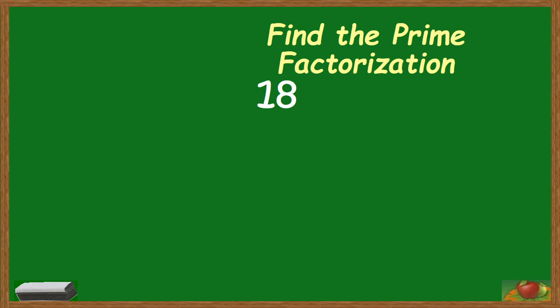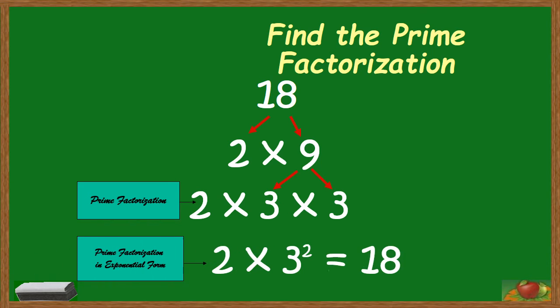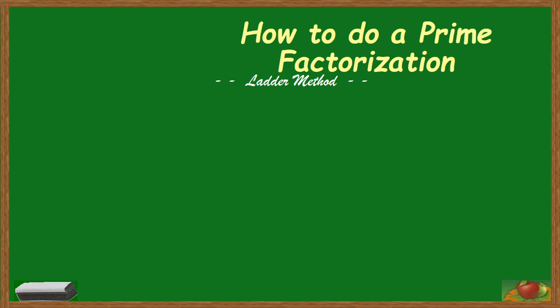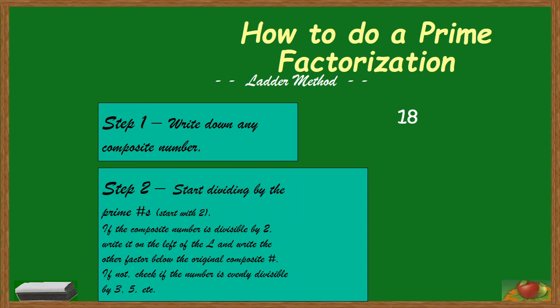Wow, very great. But this time, we're going to use the ladder method. For example, we have 18. If you're going to find the prime factorization of 18 using the ladder method, what are we going to do? We are going to divide until all of our factors are prime numbers, okay?